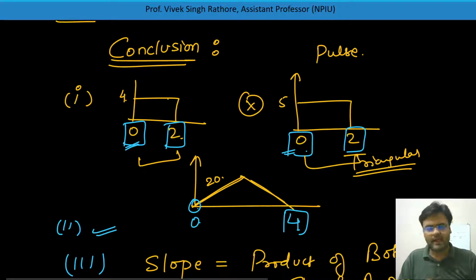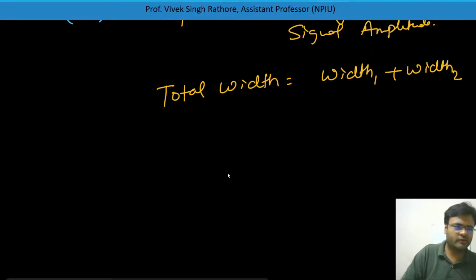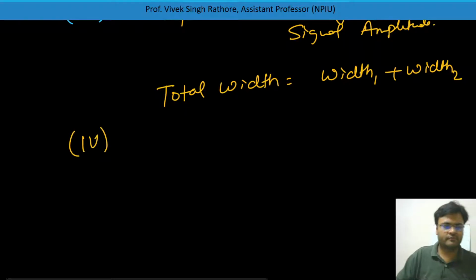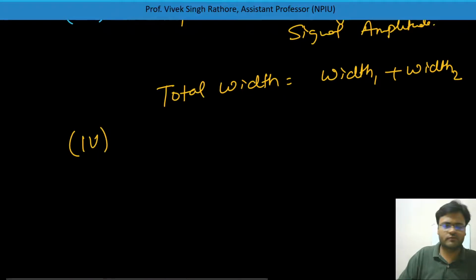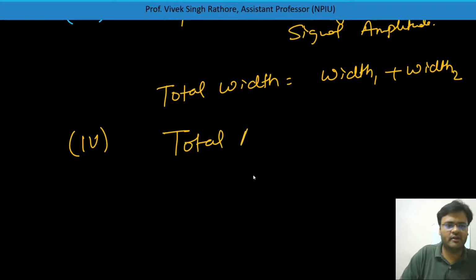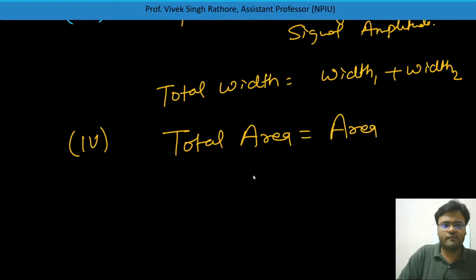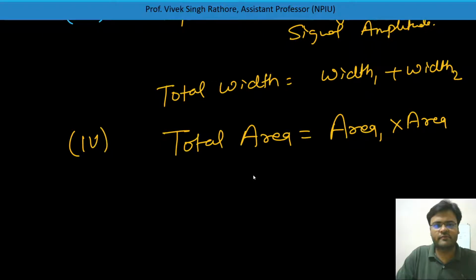And one more conclusion you can draw is the area. The total final output area will be the area of the first signal multiplied by the area of the second signal.